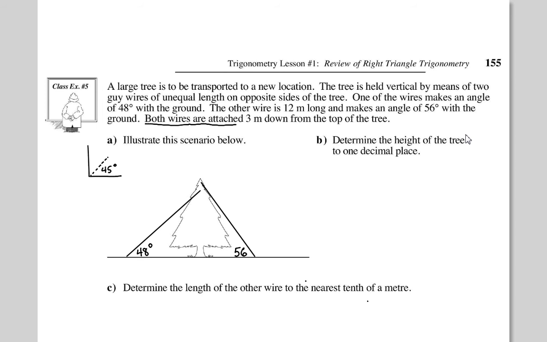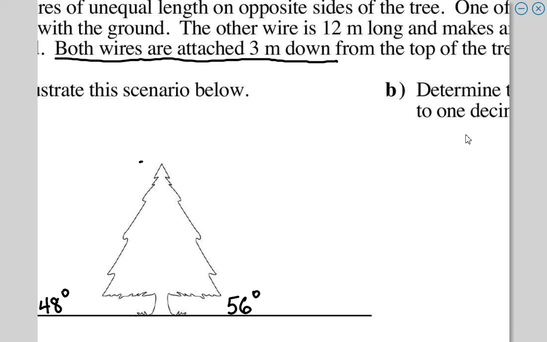Both wires are attached 3 meters down from the top. So this is both garbage. These are both trash. You use a pencil though, right? So if this was the top, why would you do that?